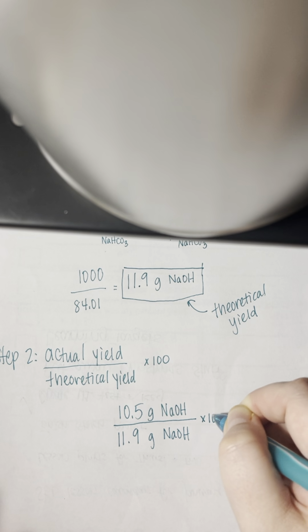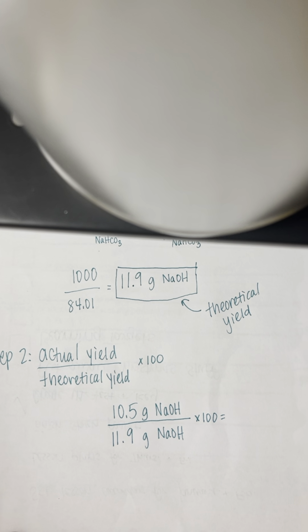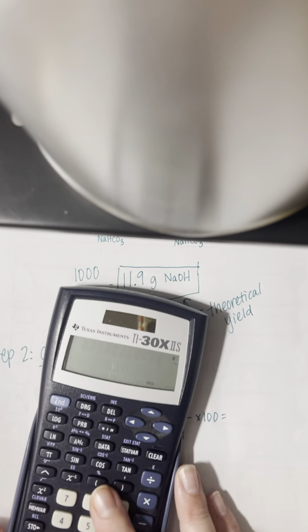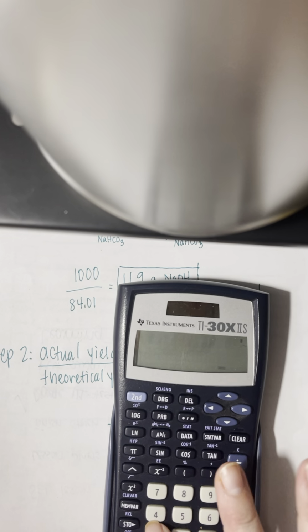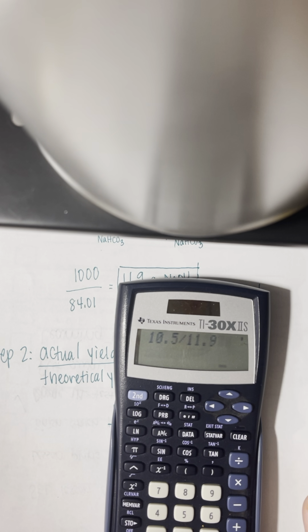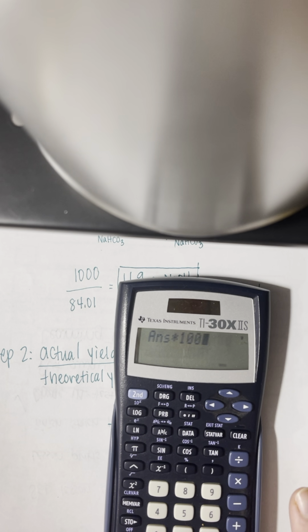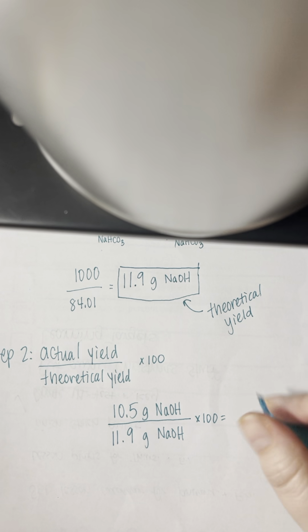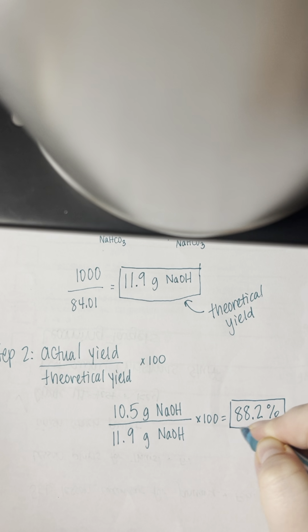And then we're going to multiply that answer by 100 to get a percentage. So here we go. It is, let's see, 10.5 divided by 11.9 times 100. We have 88.2%. And that is our percent yield.